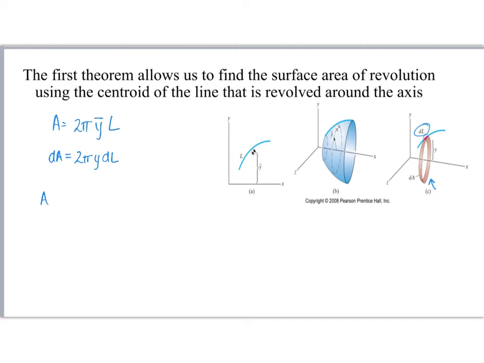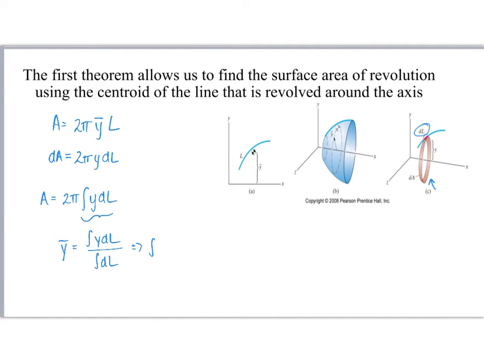So that is how we would express the increment of area that we see in that picture. And of course, the area would be calculated by doing this integration. Now, of course, we could do this integration, but I want you to think about the fact that the definition of the y-centroid of that line actually involves that very same integral. So you see that in the definition of the y-centroid, we see the integral of y dl.